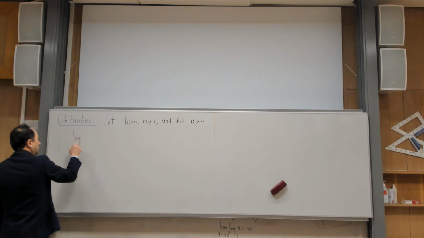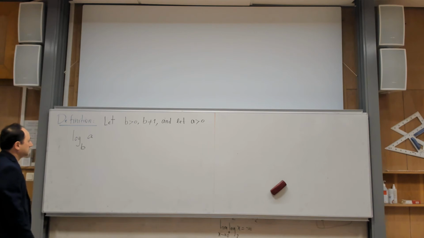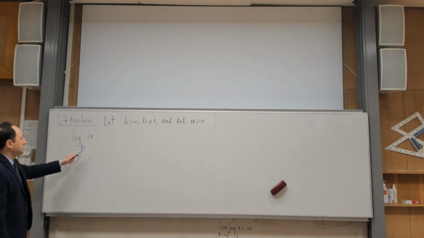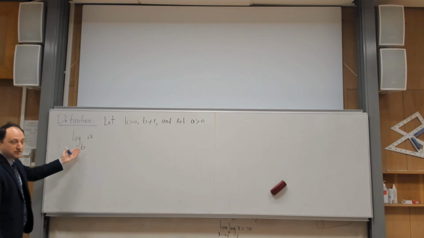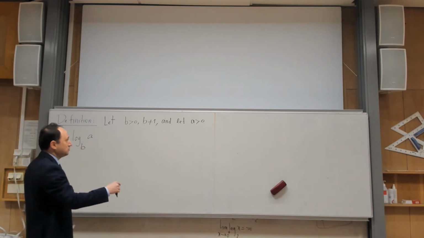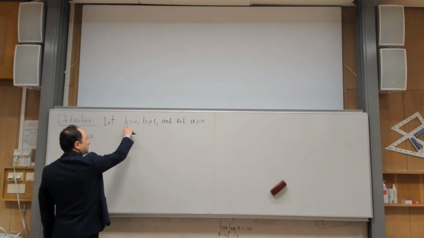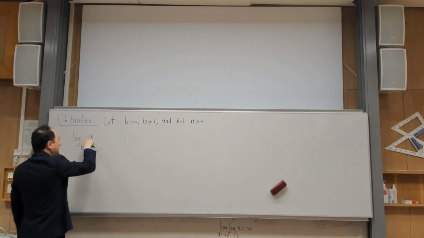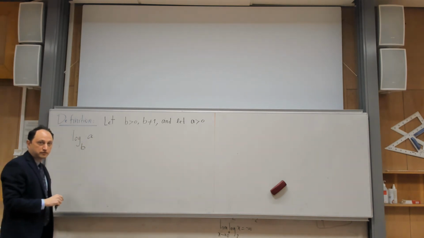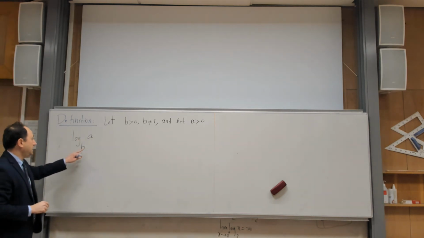Logarithm of A in base B. I don't know if I'm confusing you because I use A here. It's standard to write B here because that is the first letter of the base. I hope you are switching immediately in your head. I have given the role of that A to this B here. So B should be positive and not equal to 1, but the number in front should be what? Positive.